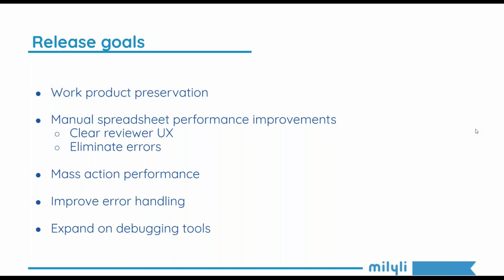So the biggest change that we wanted to do with 4.2 is to start introducing a system of always preserving the work product of manual spreadsheet redactions, regardless of whether there's a failure or error that takes place. When a reviewer is reviewing a spreadsheet and they place a redaction, we're making sure that's saved out.